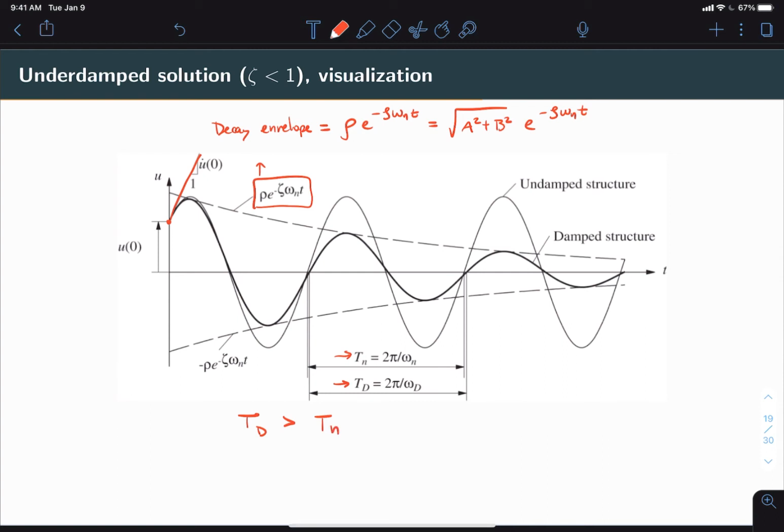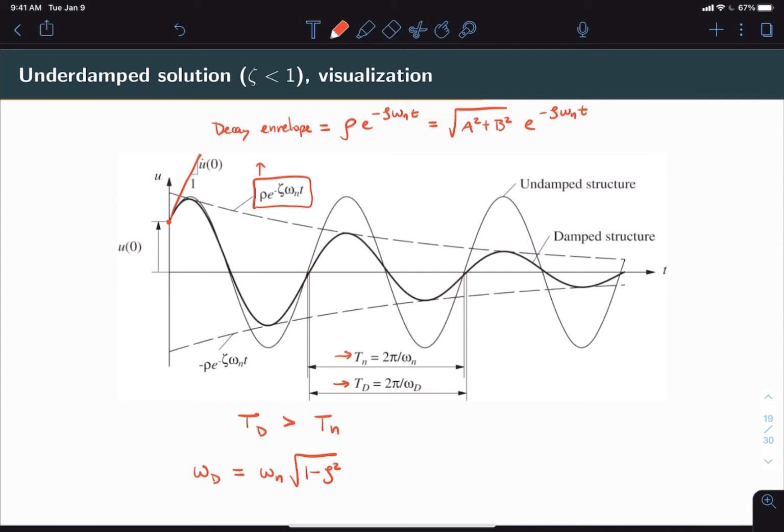How do we know that? Well, remember that omega d is equal to omega n times the square root of 1 minus zeta squared.